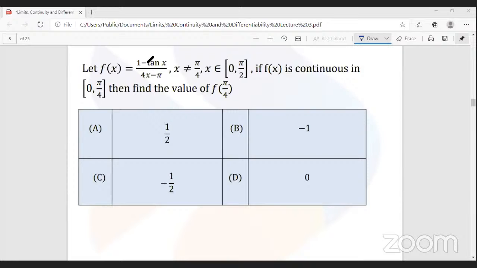Okay, so who got the answer? Yes, Nishchay, your answer is correct. So should we discuss the solution part now?